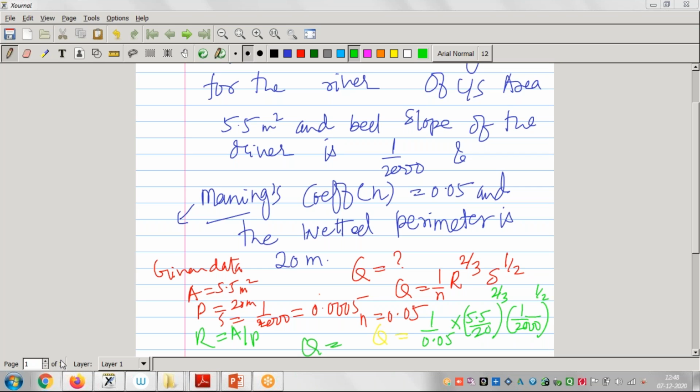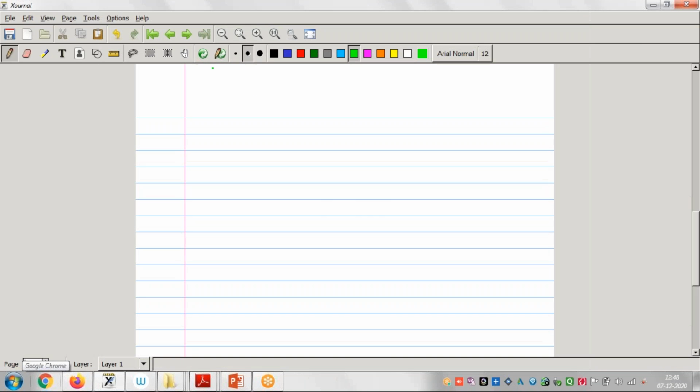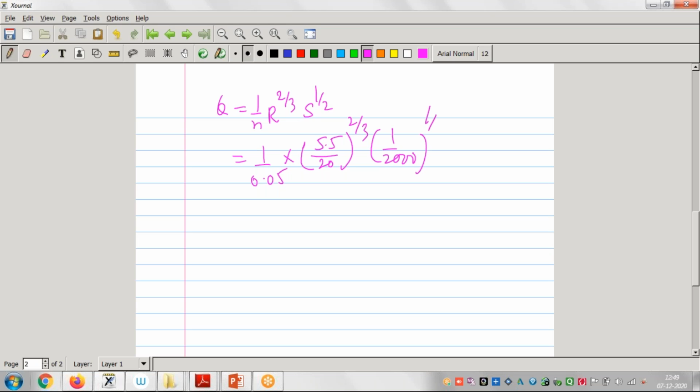If it is not clear, we can solve the problem again. 1 upon 0.05 into R, where R is area upon perimeter, raised to the power 2/3, times 1 upon 2000 raised to the power 1 by 2. If we solve, we get around 0.01 meter cube per second. So this will be the discharge.